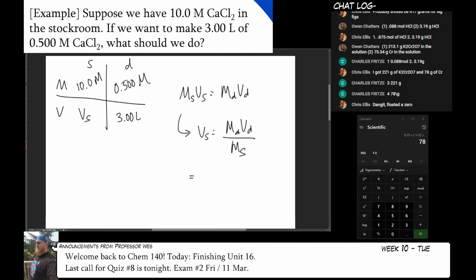And now we can fill in the numbers, right? So I have MD, which was 0.500 moles per liter. I have volume dilute, 3 liters. And then stock molarity, 10 moles per liter. You'll notice I didn't write moles per liter out because these are just going to cancel anyway.